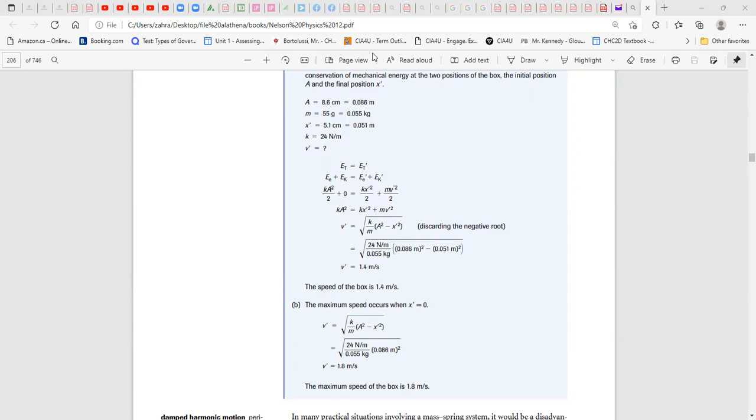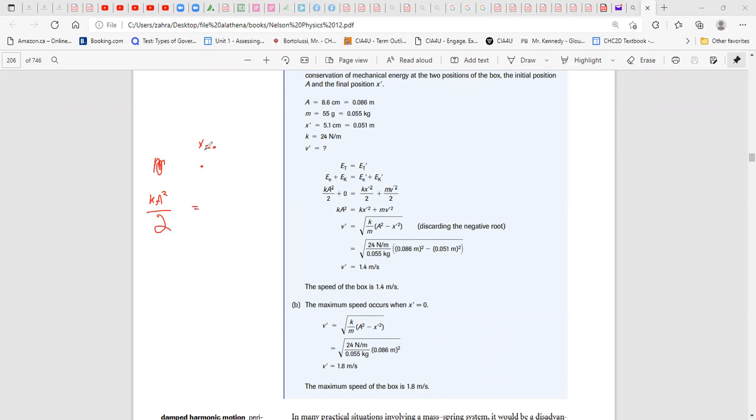Let's say one point is fully compressed and the other is at x equal to 0. At the fully compressed point, the energy is ka²/2 and we don't have any kinetic energy.